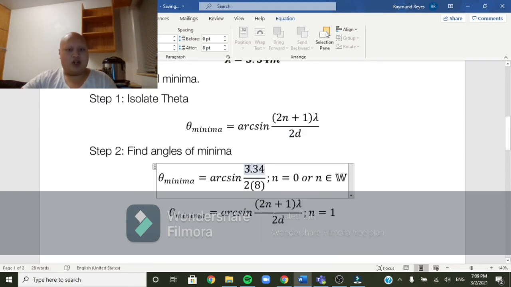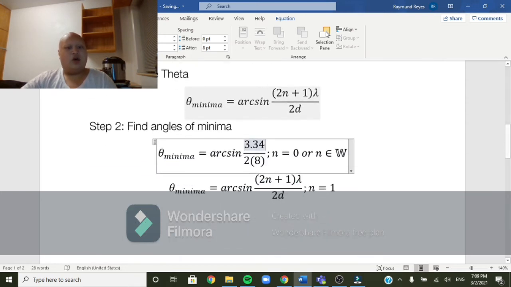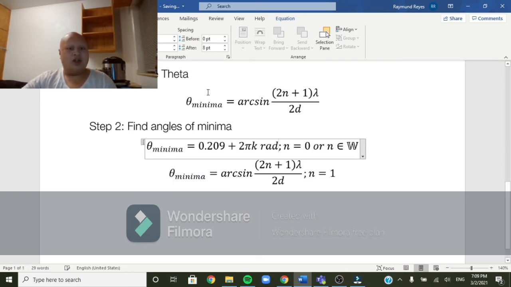Lambda is 3.34 as we calculated earlier. So now you get the answer to 3.34 divided by 16, and then get the arcsine of that answer. So you get 0.29. But since we're getting all the angles of the minima, we have to include this 2 pi times any number radians.